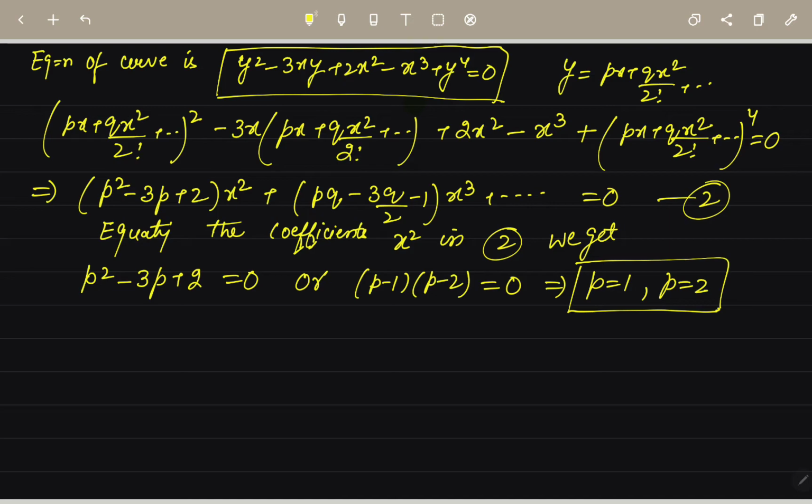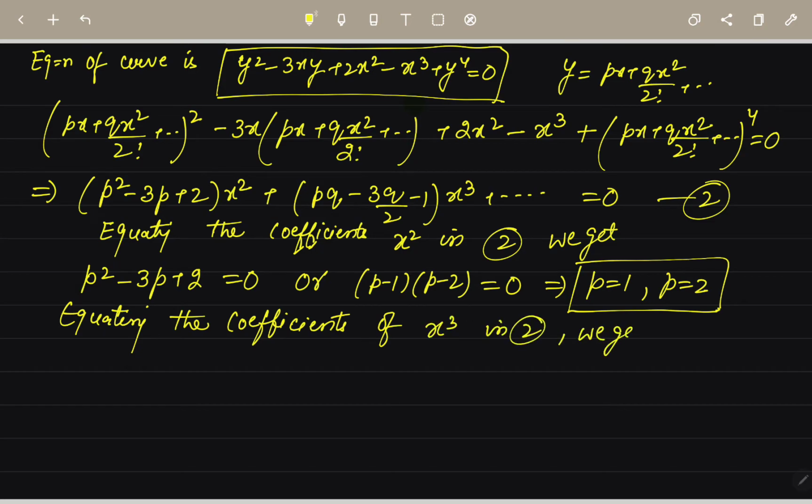Now I have to find the values of q. For finding the values of q, I again do the same thing, that is, I equate the coefficients of x cube in equation second.